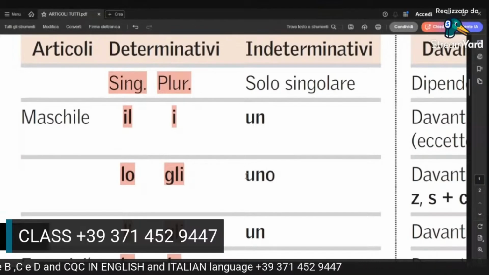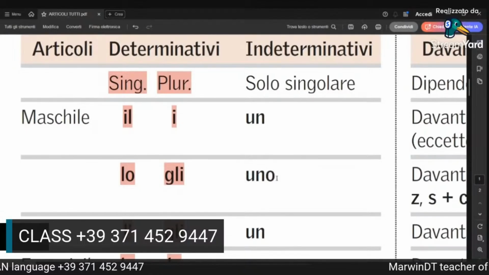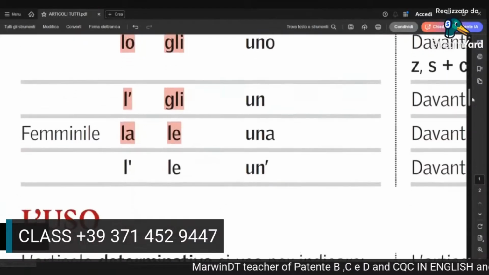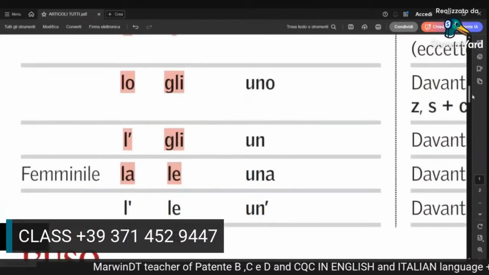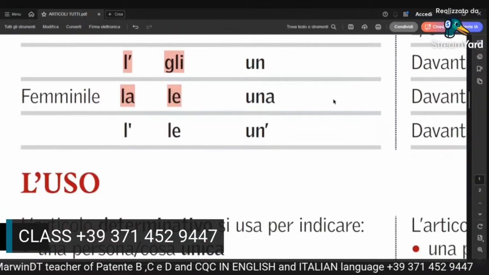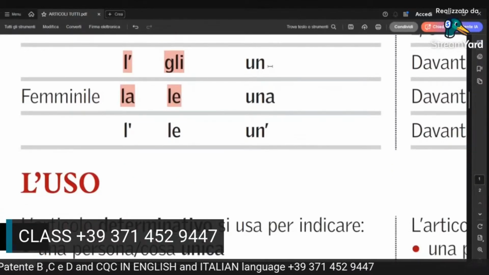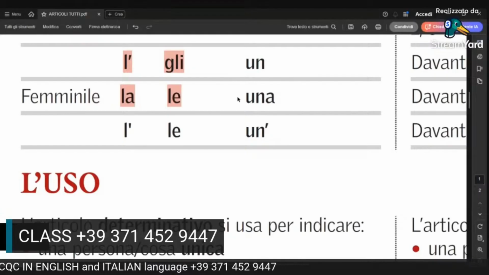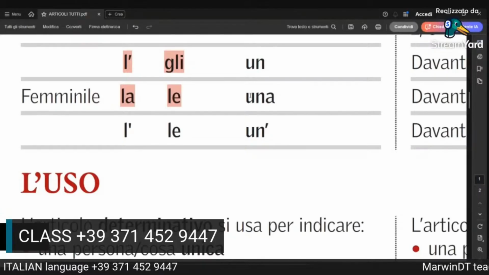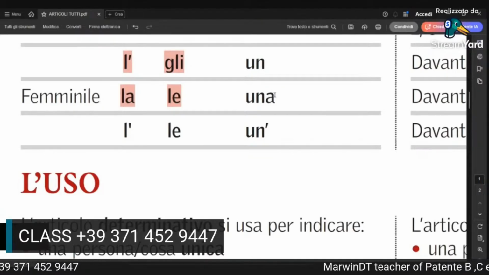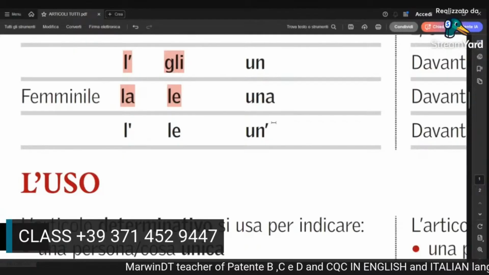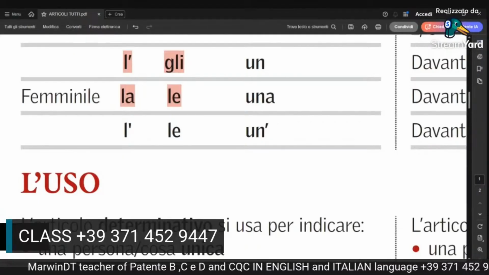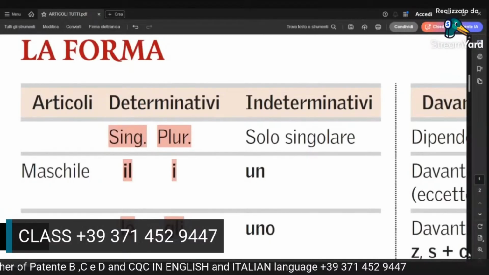Example, maschile singular is uno. Why does it become uno? We will check it out right now. The next one becomes un again. The feminine of un is una. Then lastly, we have the feminine of una, which is un apostrophe. Let's see why these differences.